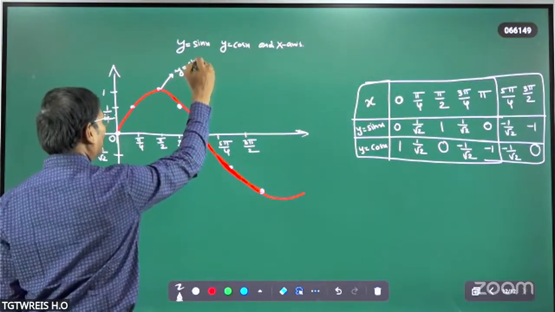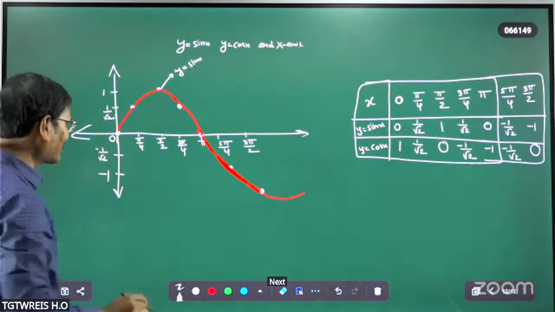Y is equal to sin x. Next, y is equal to cos x graph.